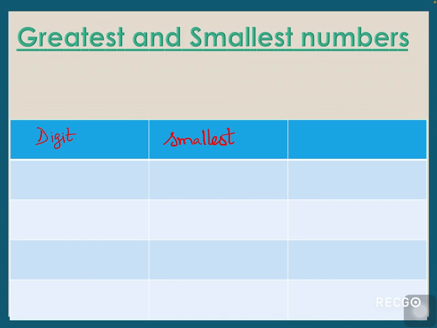Yeah, we start with 1. But otherwise, if someone asks you what is the smallest number or what is the greatest number in the numbers, then there is no particular answer, because numbers are vast. Like, there are so many numbers: natural, integers, whole numbers, real numbers. So many numbers are there.